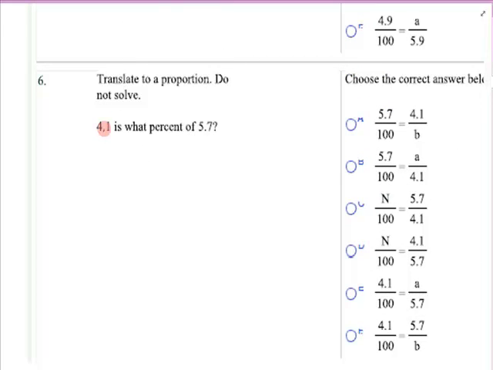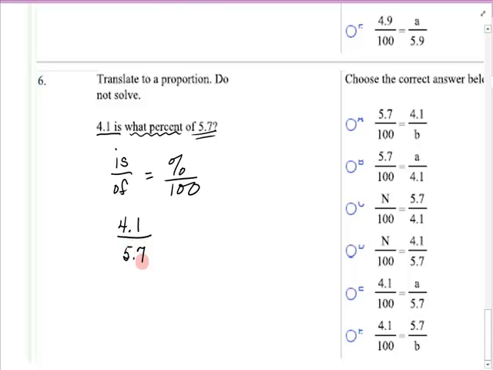All right, next one: is over of equals percent over 100. 4.1 is what percent of 5.7? 4.1 is, that means it sits in the is spot, of 5.7.